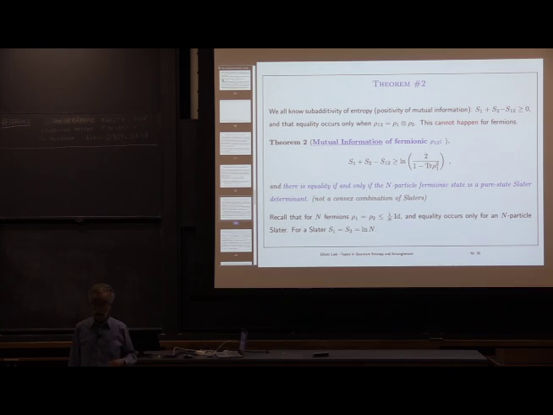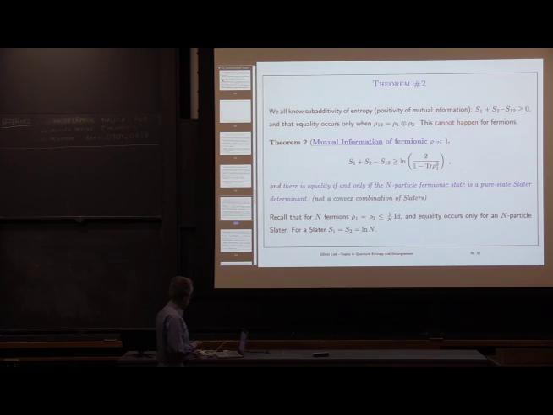It cannot do that. It has eigenvalues 1 over n. That's what you would get for a Slater. The eigenvalues can never be bigger than 1 over n. That characterizes fermions.